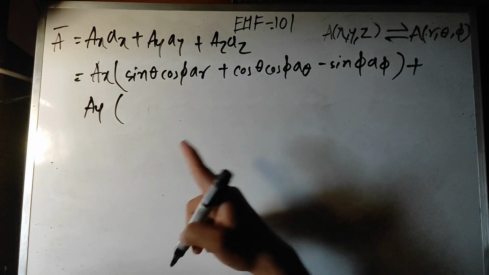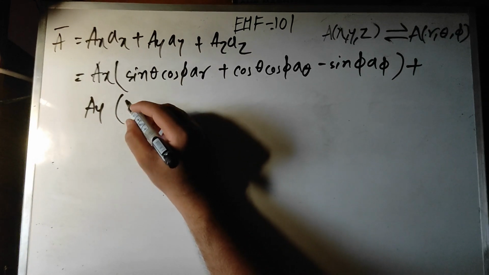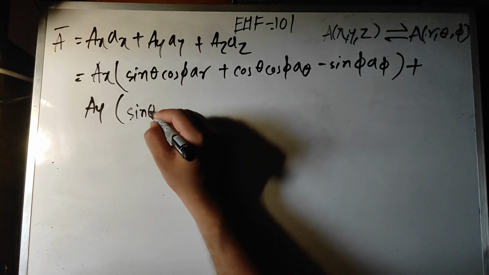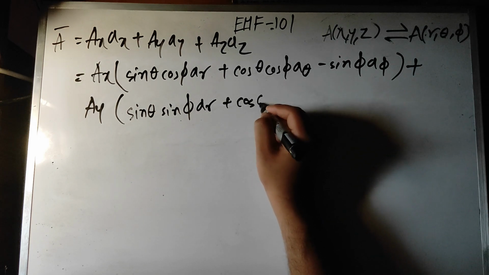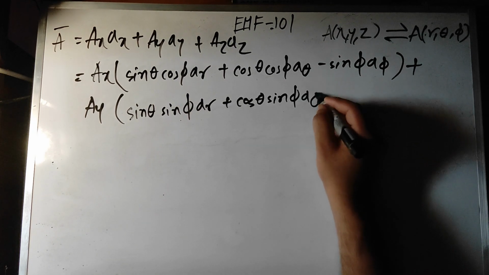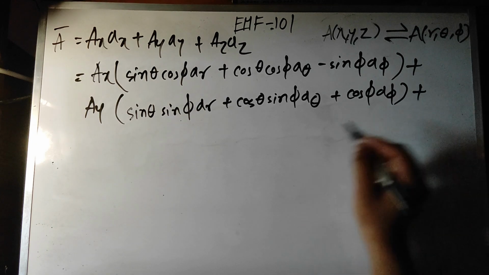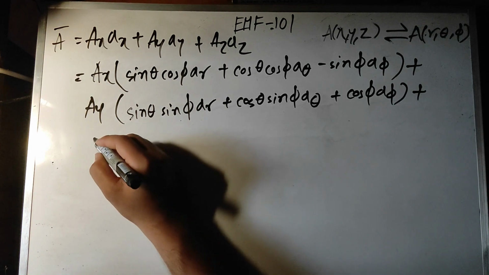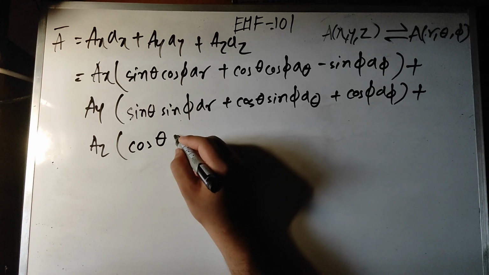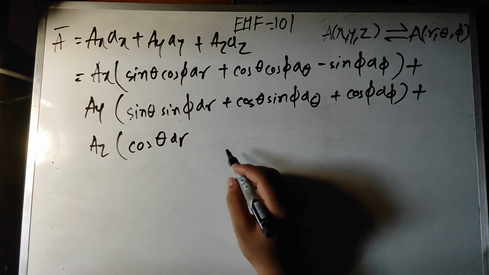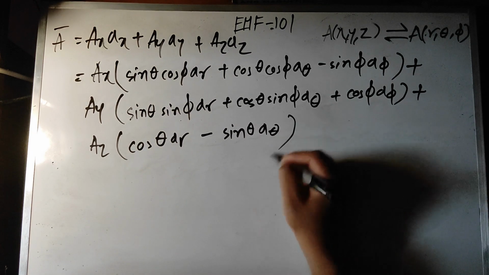Ay. The unit vector ay has the components in terms of r theta phi: sin theta sin phi ar plus cos theta sin phi a theta plus cos phi a phi, and az unit vector az has the components cos theta ar minus sin theta a theta.